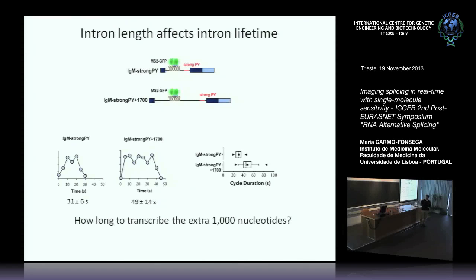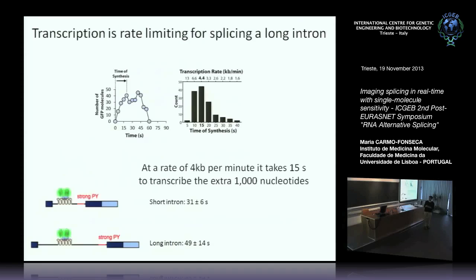So we calculated how long it takes to transcribe the extra 1,000 nucleotides, and for this we had two options: either to use the transcriptional rates that have been reported in the literature from different types of approaches, or we also tried to measure transcription rate in our own system.